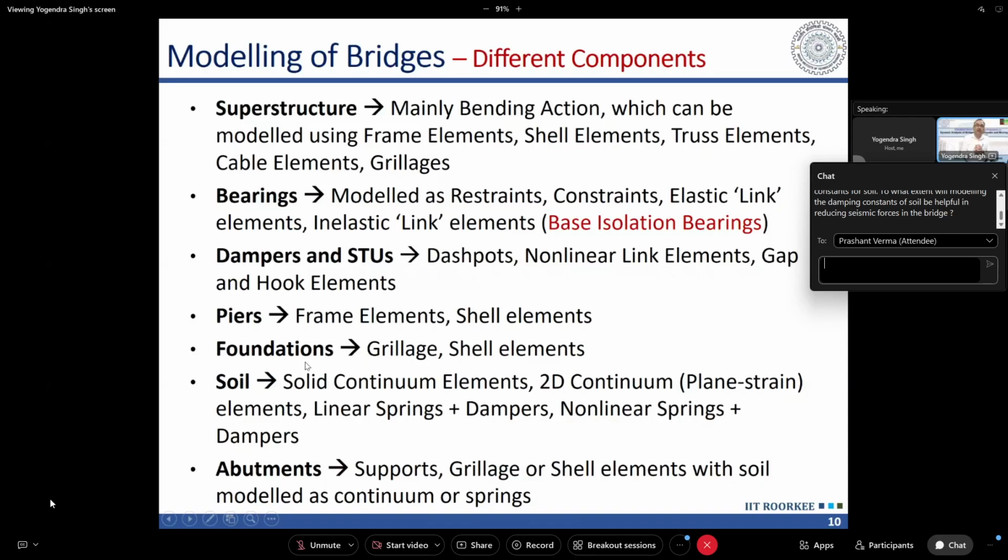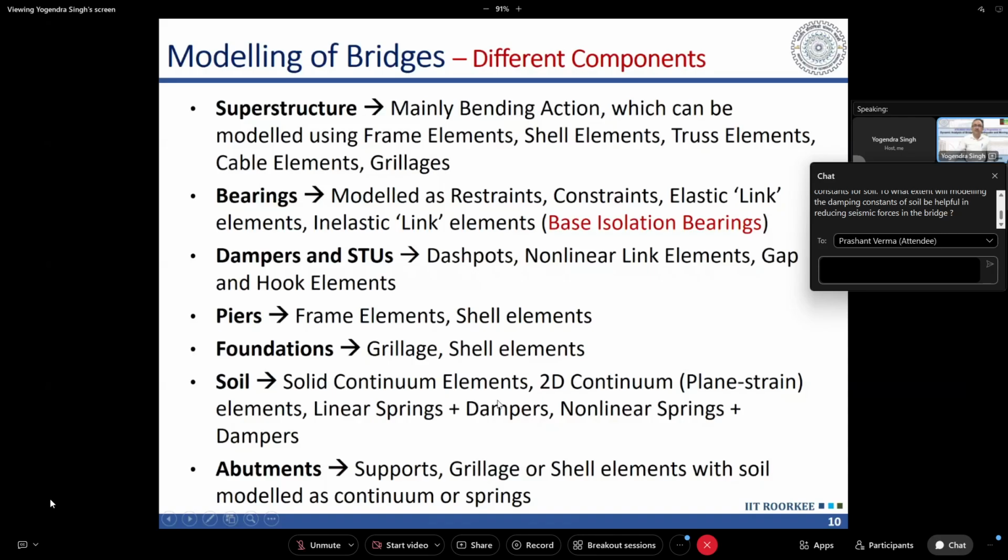And soil can be modeled either using a solid continuum, so 3D solid elements or so-called brick elements we can use. If we are making a 2D model, then soil can also be considered as a 2D continuum, plane strain. So these are the commonly used elements. And then soil can also be modeled as a series of linear springs and dampers.